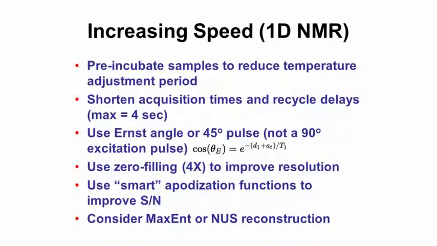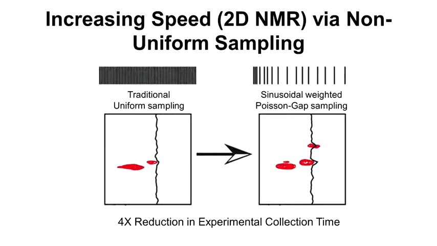And then even with 1D, but certainly with 2D, you can start using things like maximum entropy or non-uniform sampling to reconstruct higher resolution, lower noise spectra. So there's lots of interest right now in the area of non-uniform sampling, especially in 2D and 3D spectra.